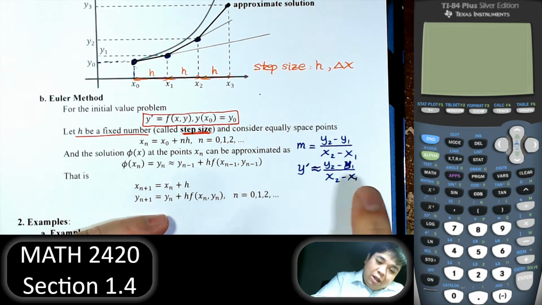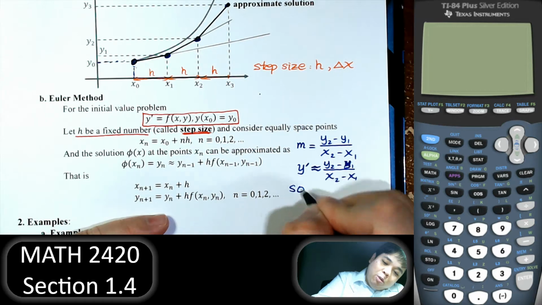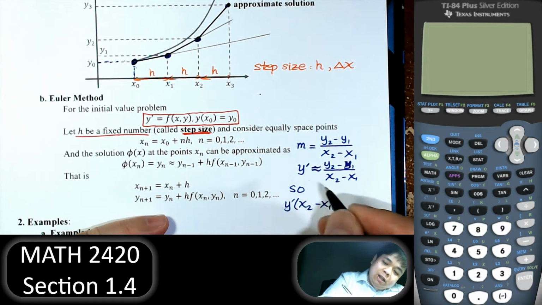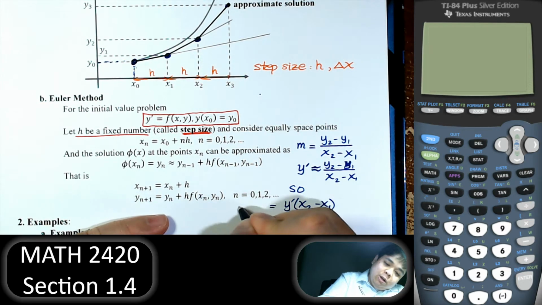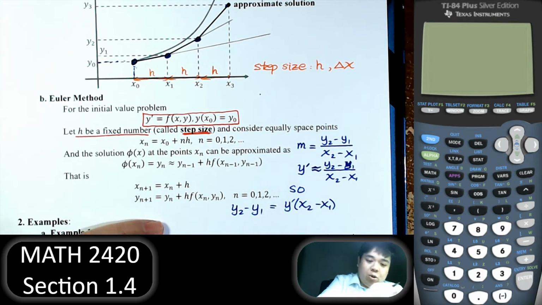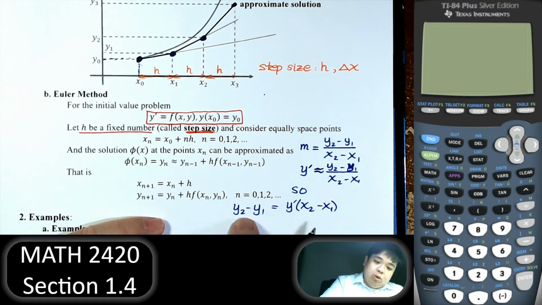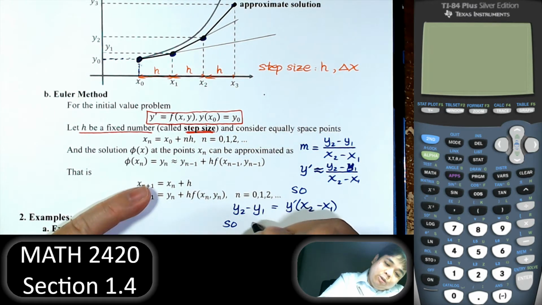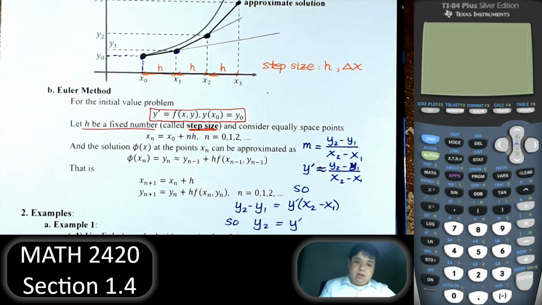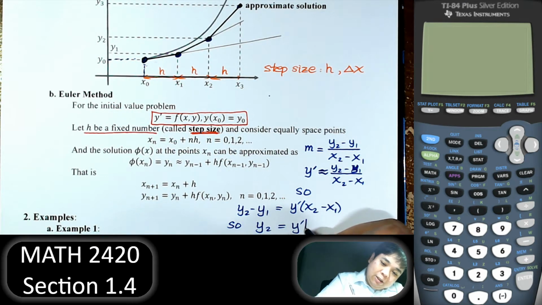Cross multiply: y prime times x2 minus x1 equals y2 minus y1. Move the y1 over, so y2 equals y prime times x2 minus x1, that is the difference between the x's, which is h, plus y1.